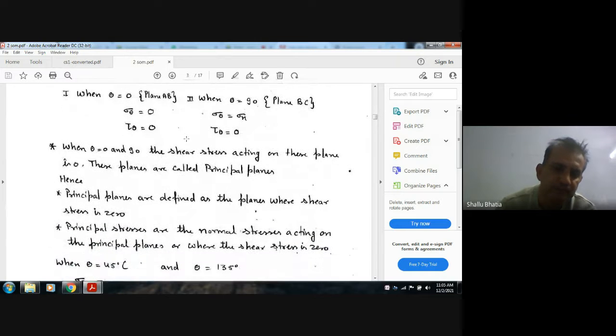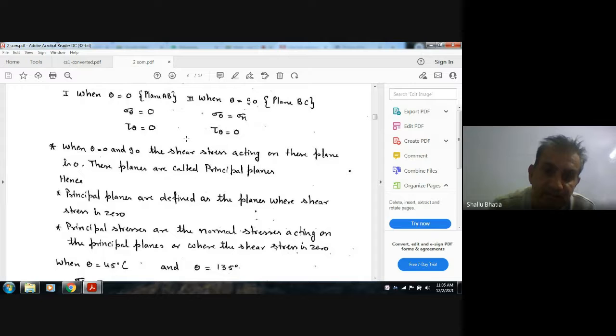Principal planes are defined as the planes where the shear stress is zero. The principal planes are defined by the absence of shear stress. But it doesn't mean no stress is acting on the principal plane.